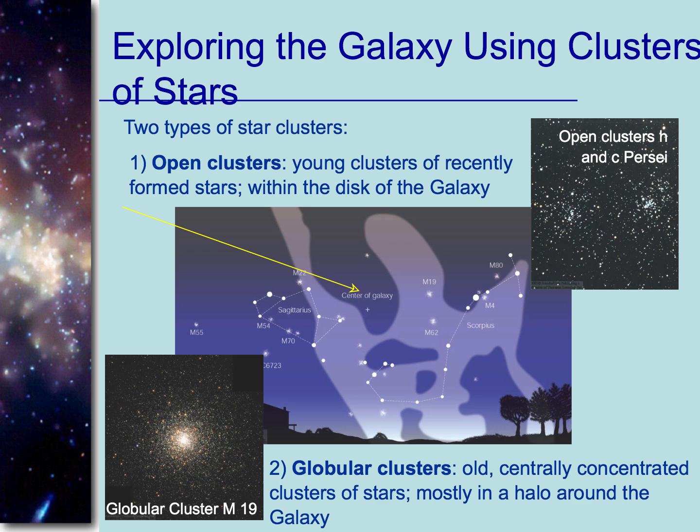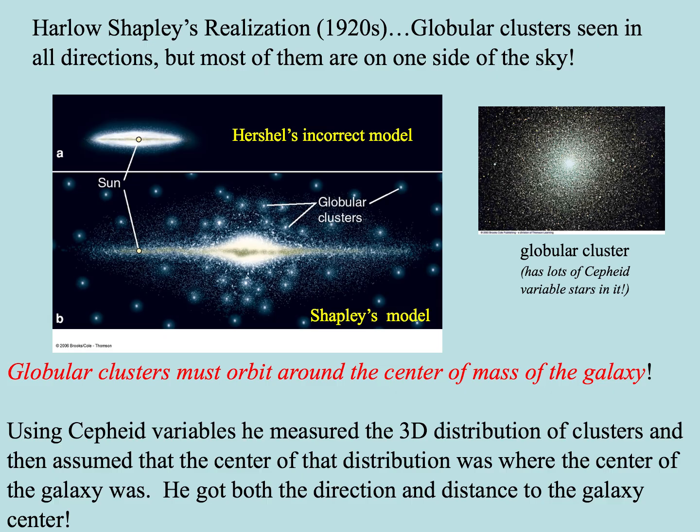Now remember, there are 2 different types of clusters. These more spread out, younger clusters are called open clusters, and the more densely compacted, older globular clusters live in the galactic halo. Harlow Shapley, another American astronomer, noticed that though globular clusters can be seen in all directions, the vast majority of them are on one side of the sky, in the direction of the galactic center.